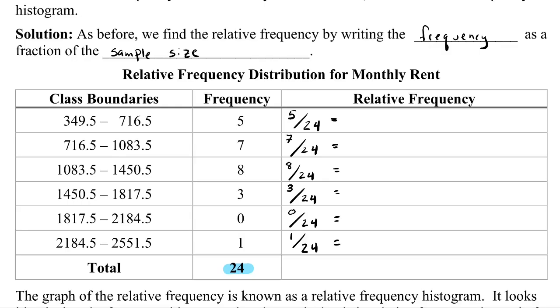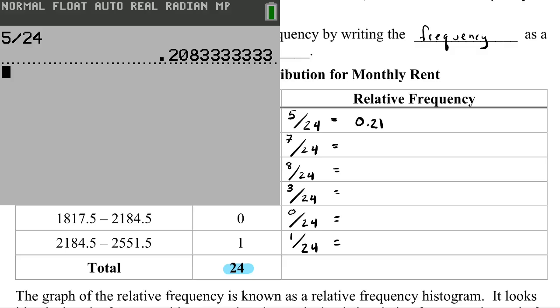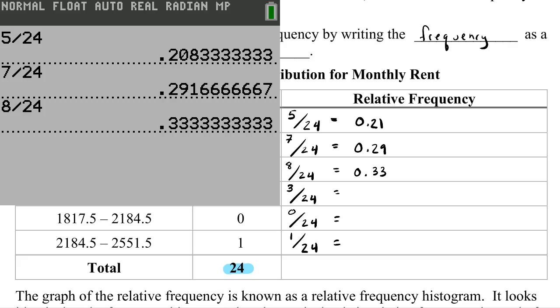I'm going to take my relative frequencies to the calculator, and we'll say 5 divided by 24 to 2 decimal places is 0.21. 7 divided by 24 to 2 decimal places is 0.29. 8 divided by 24 to 2 decimal places is 0.33. 3 divided by 24 to 2 decimal places is 0.13. 0 divided by 24, I don't need the calculator for.